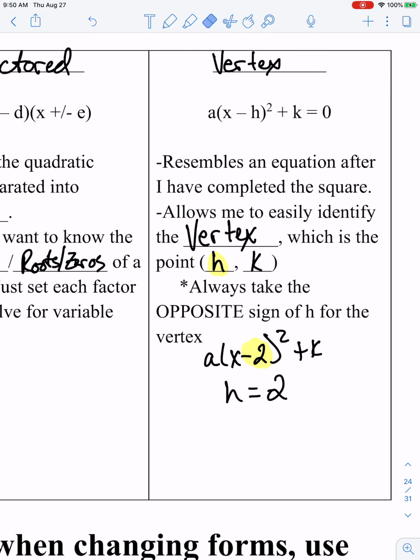So whatever sign I see, I want to take the opposite of. So I see a -2, take the opposite. If I have a(x plus 7) squared plus k, again, h is inside the parentheses beside the variable x. h is equal to -7 here. Again, take the opposite sign.